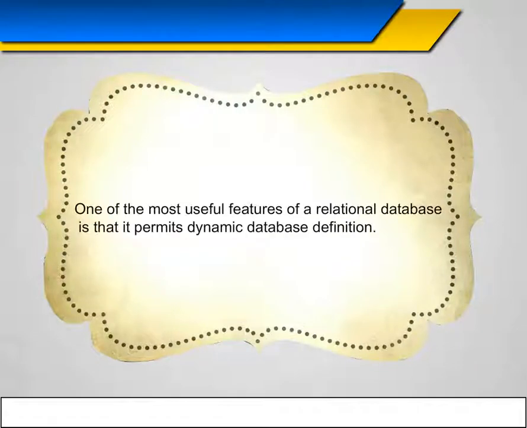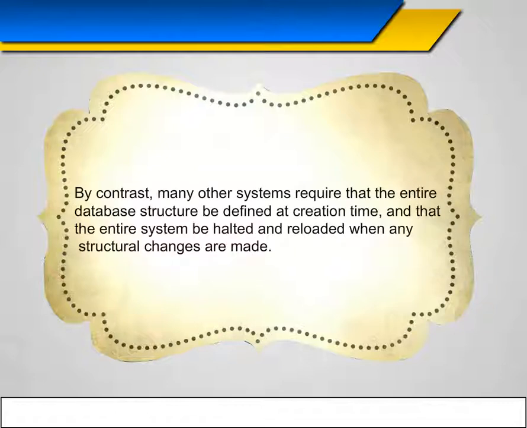One of the most useful features of a relational database is that it permits dynamic database definition. By contrast, many other systems require that the entire database structure be defined at creation time and the entire system to be altered and reloaded when any structural changes are made.